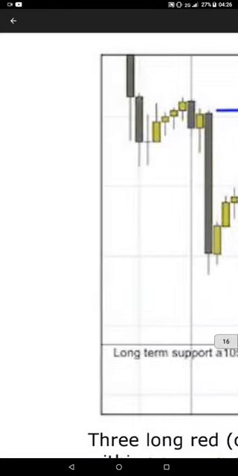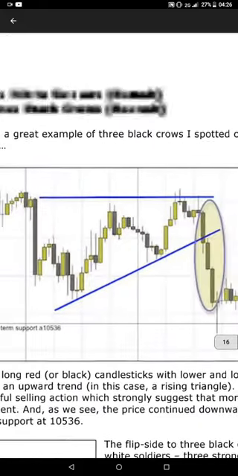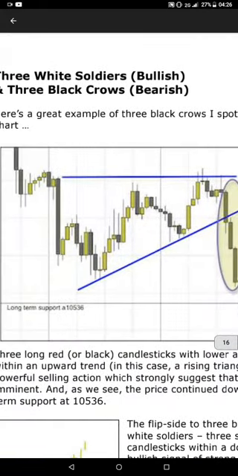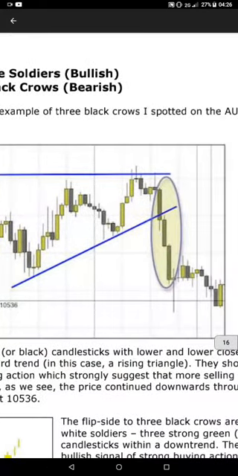As you can see here, guys, what we are looking for is this, the one that I have circled. And one thing that you must know, guys, you can hold your trade for even a day or 2 days before closing it.